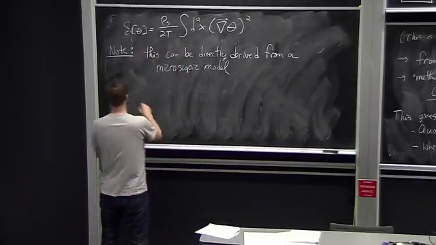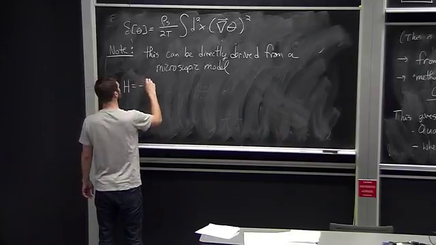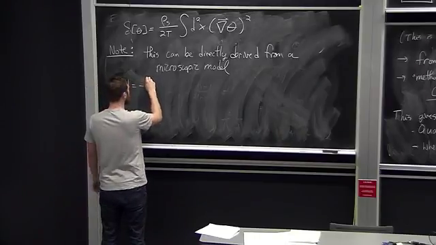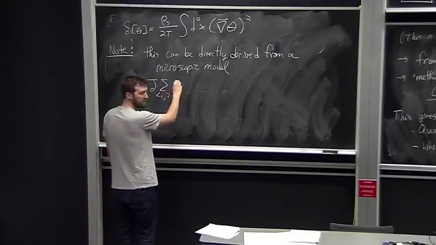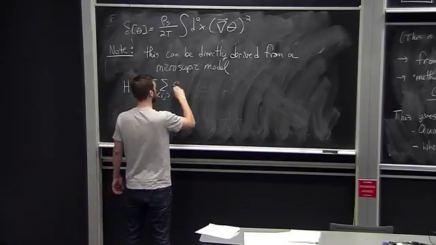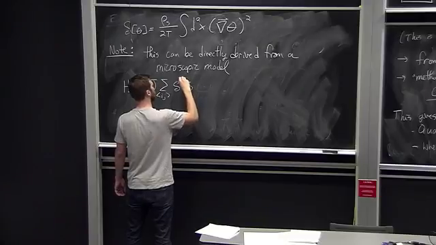So it's important to know that we can relate this directly to a microscopic model. That model's called the XY model. Nearest neighbor spins, which I'll call S dot S, but they're 2 component spins.